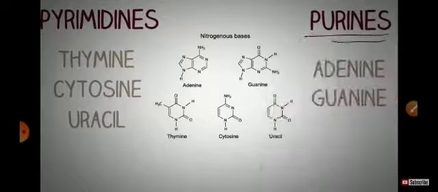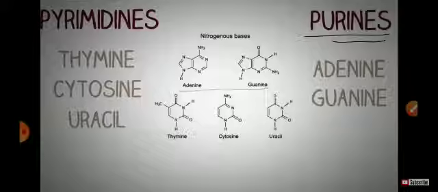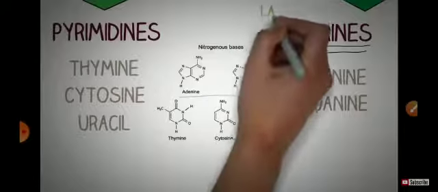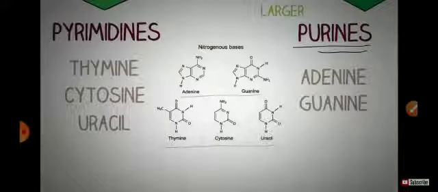So the structure of the purines, which have 2 rings, and the structure of pyrimidines, which have a single ring. The purines are larger as they comprise a 2-ringed structure, and the pyrimidines are smaller.